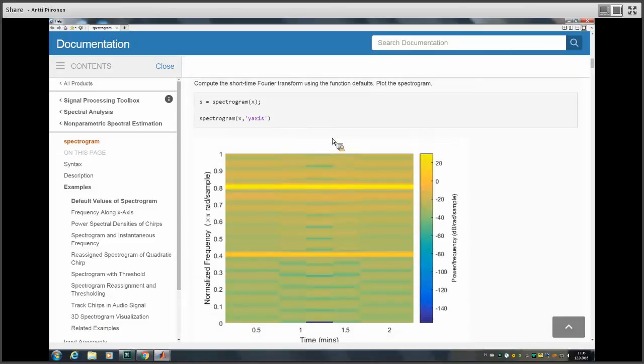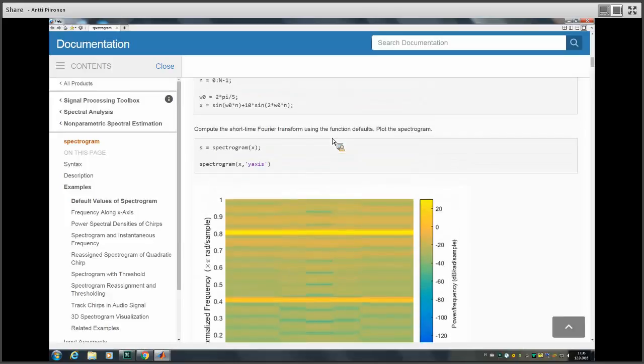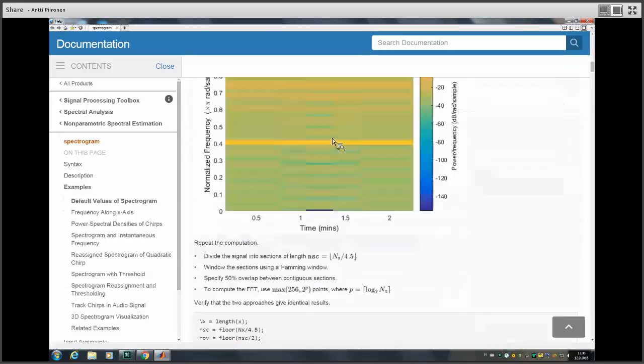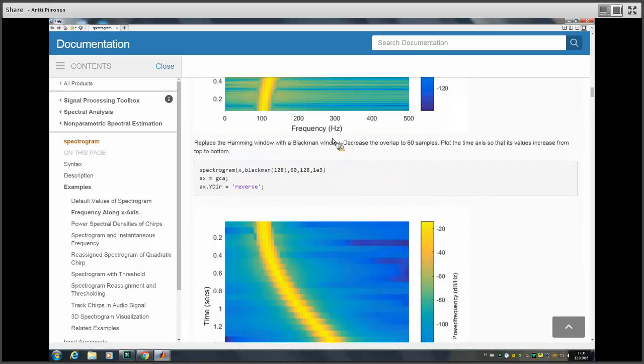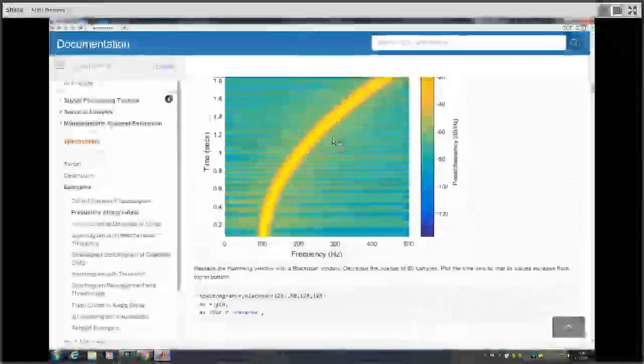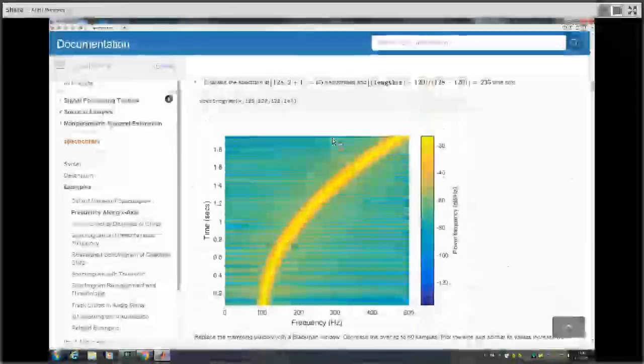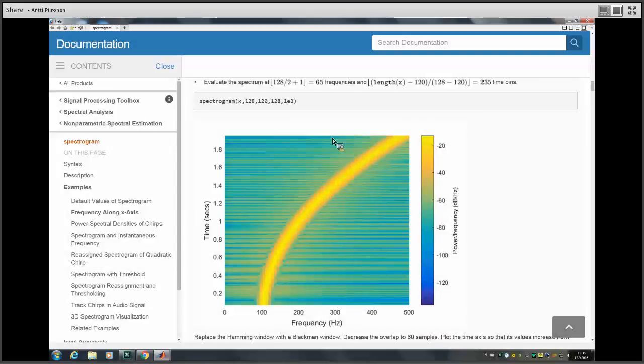Okay, that's basically what the spectrogram might actually look like after some work. So this is the mathematician's point of view, how the spectrogram should look like.